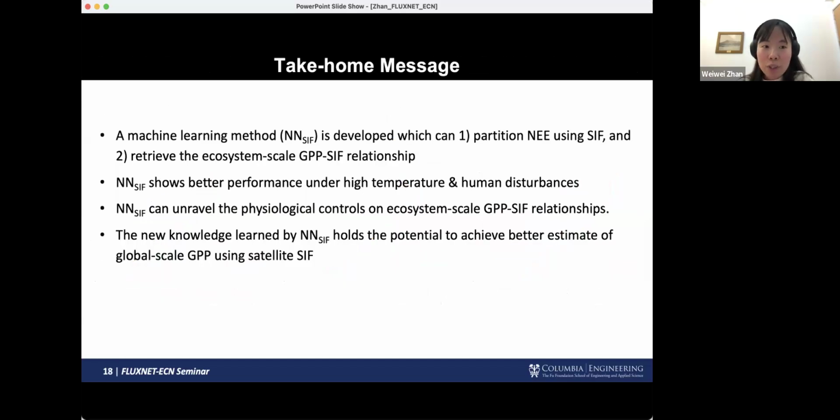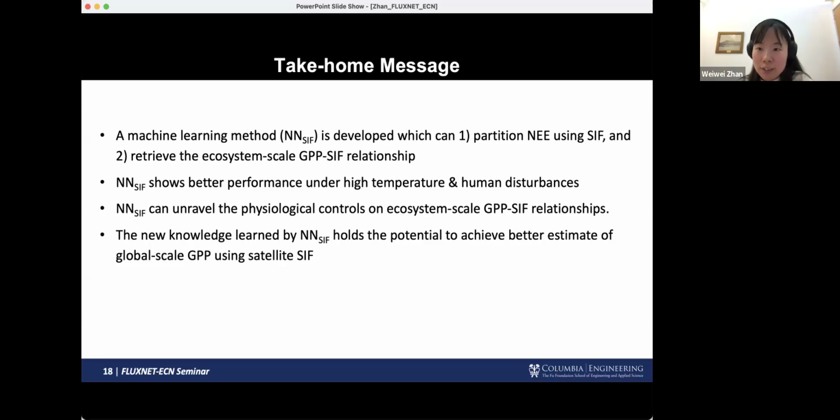So in summary, here we develop a framework which can first partition NEE and also retrieve the relationship between GPP and SIF. And also we observe better performance under high temperature and also when human disturbances are affecting carbon fluxes.